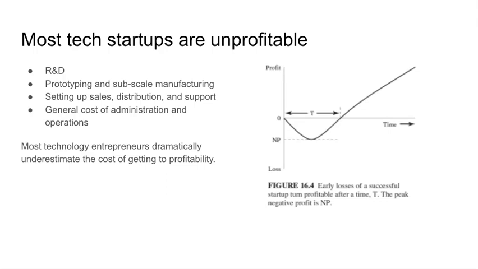Sales have been going on for quite some time in this chart, probably at the very bottom of that curve, where the peak negative profit is shown as NP. There could be sales before that, but at the very latest, that's when sales begin. And so there's some period of time during which the organization is making sales but still completely unprofitable. And most entrepreneurs completely miss this in their plans to grow a business.